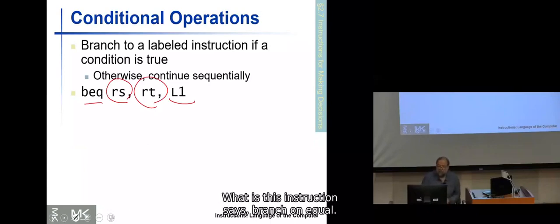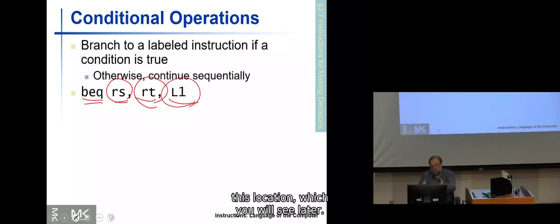What is it? This instruction says branch equal. If RS, the value of register source, one of the sources, is equal to the value of register RT, then go to this label, this location, which we will see later.